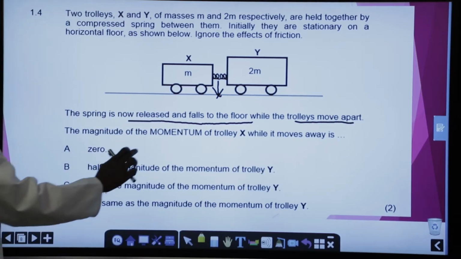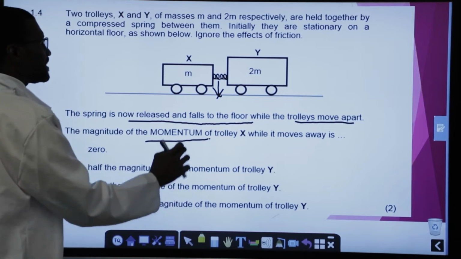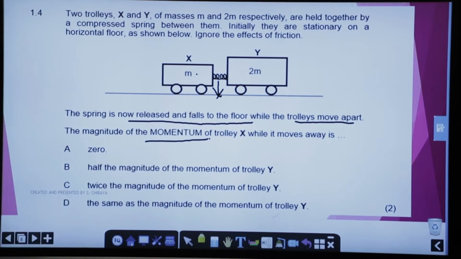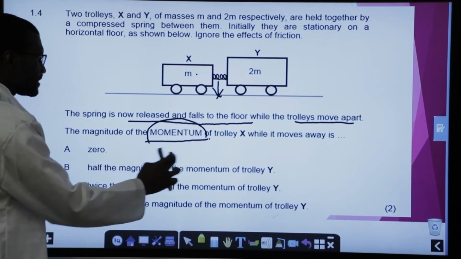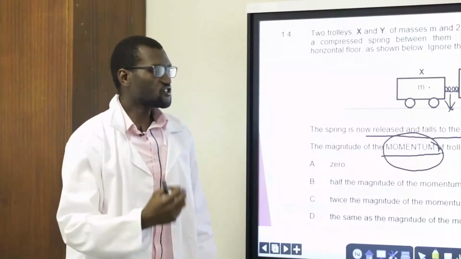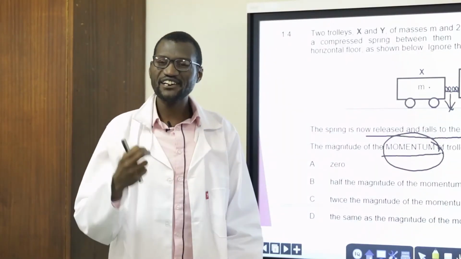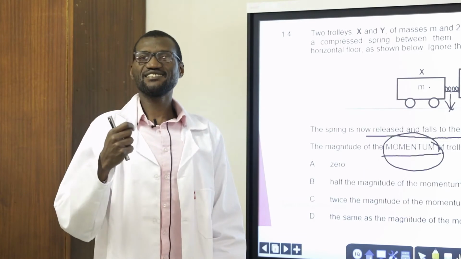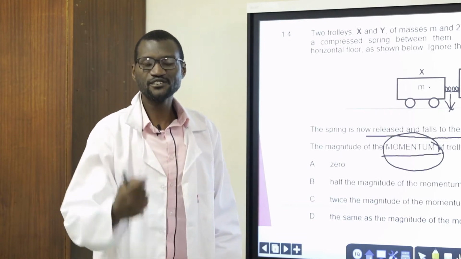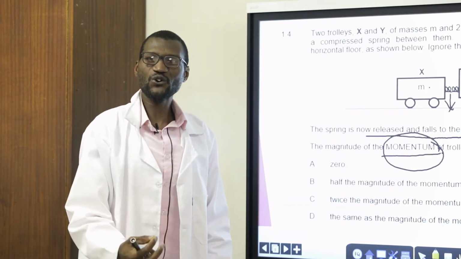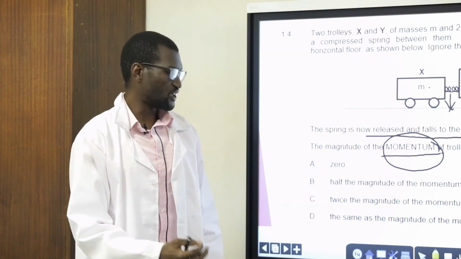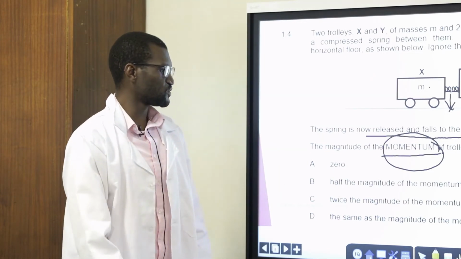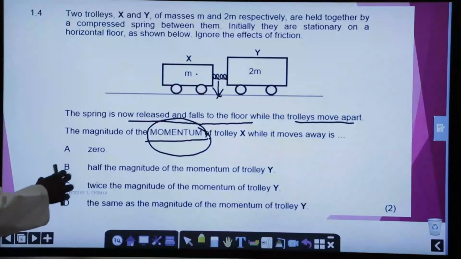We are talking about the momentum. Now, questions often require us to remember the laws, principles, or concepts that we have learned, especially when they are multiple choice questions. Momentum 0?